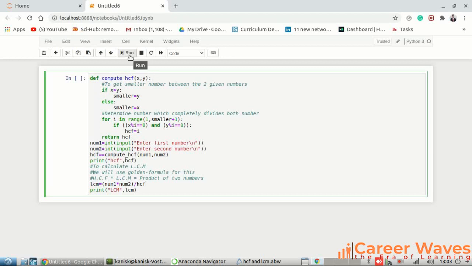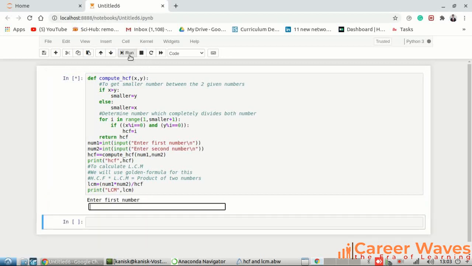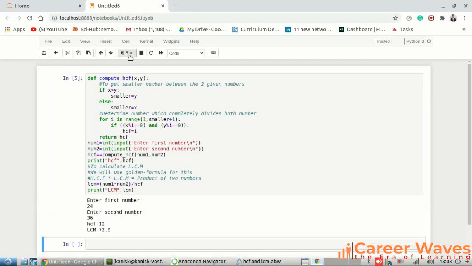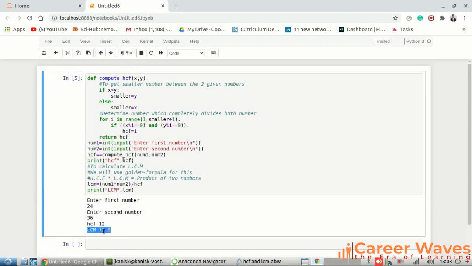So let's execute this. So enter first number. Let's say 24 is the first number, 36 is the second number. So here we get LCM. Oh, and this is a mistake I have committed, that LCM is in float type, but what we want is it in the form of integer.